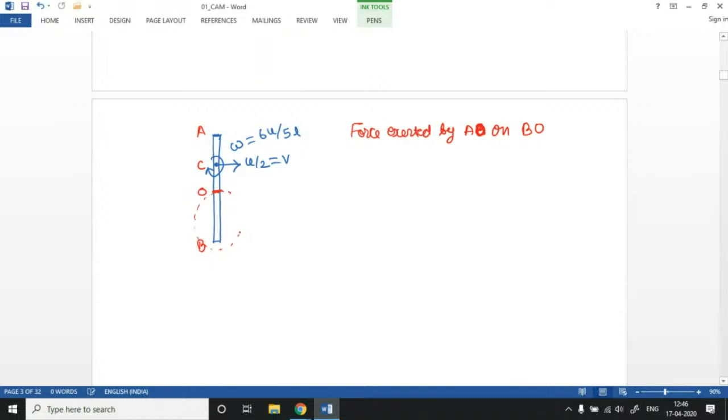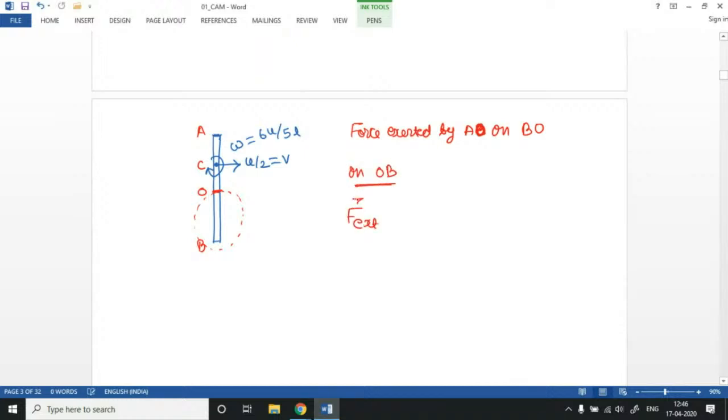If we want to find out the force experienced by the lower half, the only force it is experiencing is the contact force from AO, the upper half of the rod itself. So in order to find the force on it, we are going to apply the force equation on this part OB.